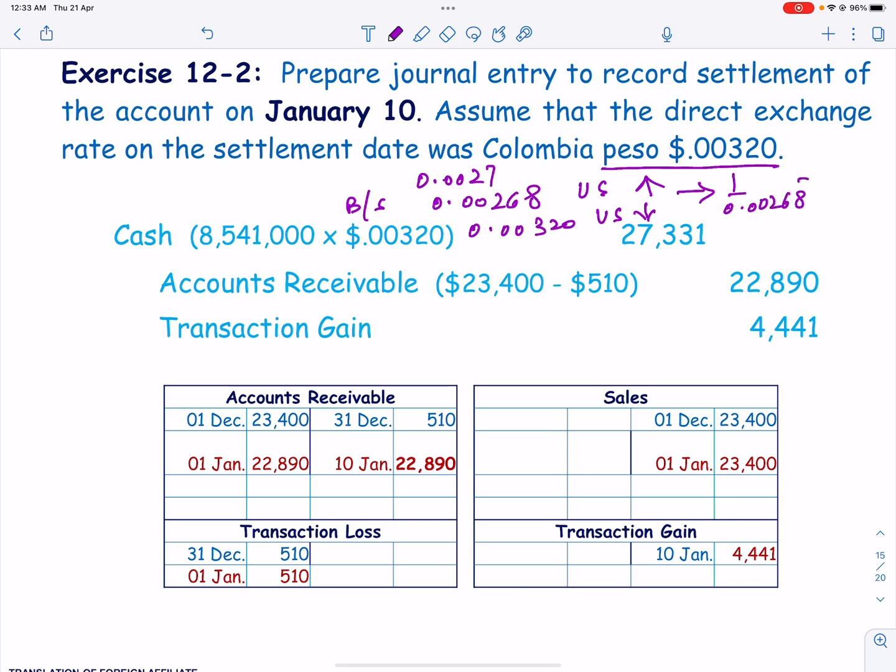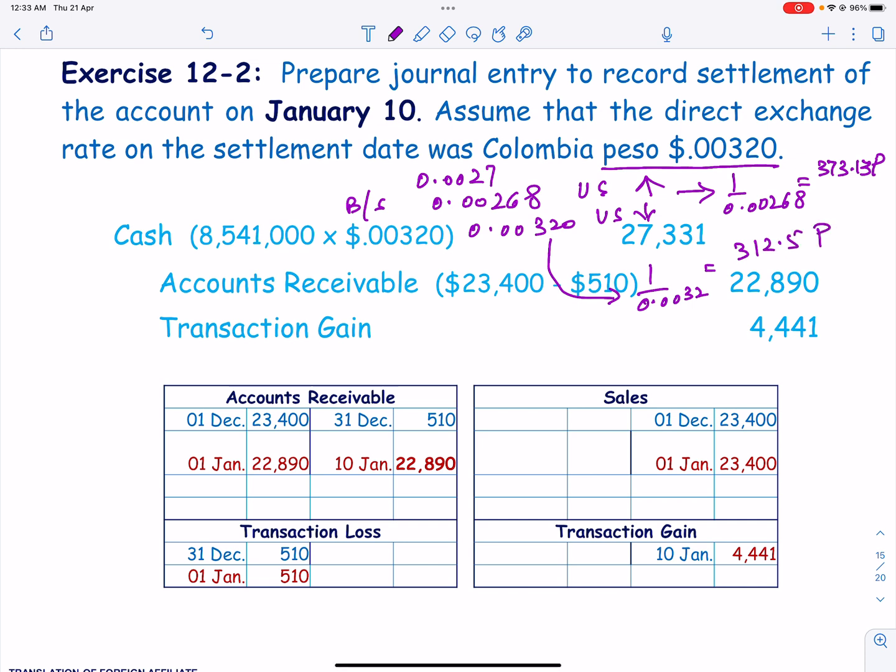This is equal to 373.13 pesos equal to $1. And on the settlement date, it is 1 divided by 0.0032, and that is equal to 312.5 pesos.